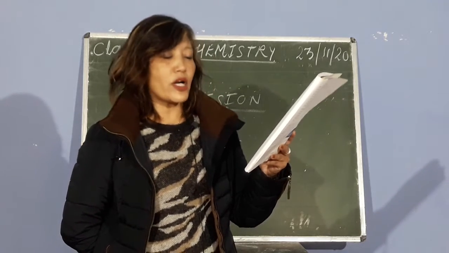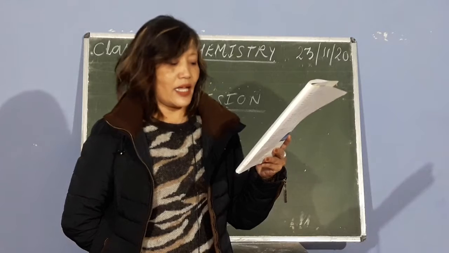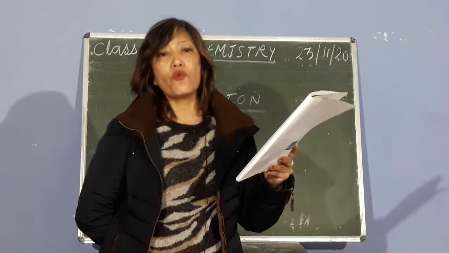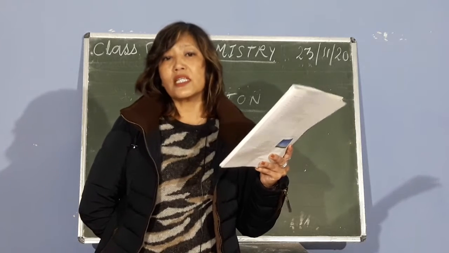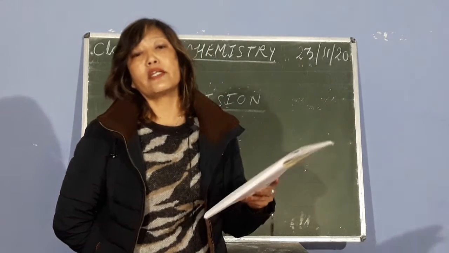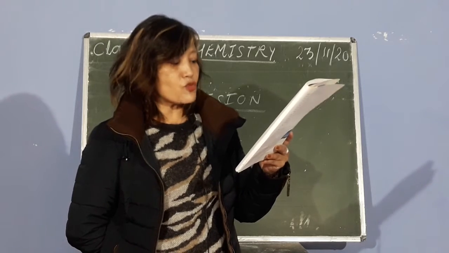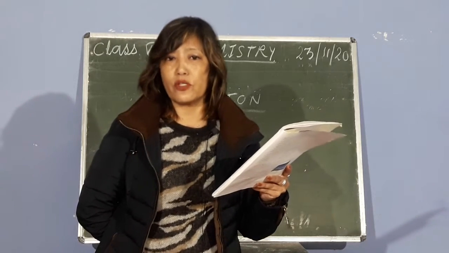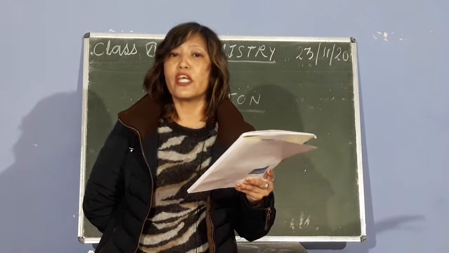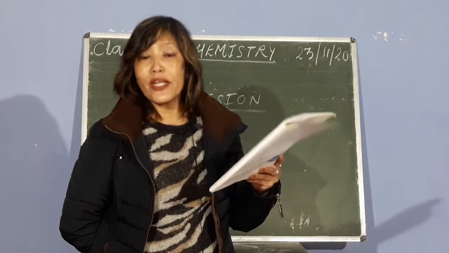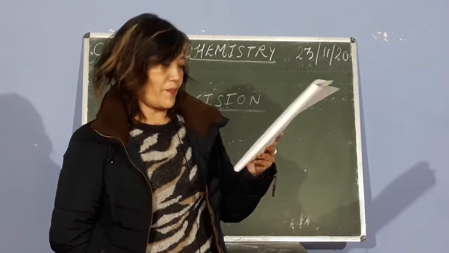It is one of the inert gases. The answer is helium. Helium is used in weather balloons. Now weather balloons are balloons made up of synthetic fiber, and these weather balloons are high altitude balloons. These balloons will give the information of temperature, pressure, wind speed, etc.